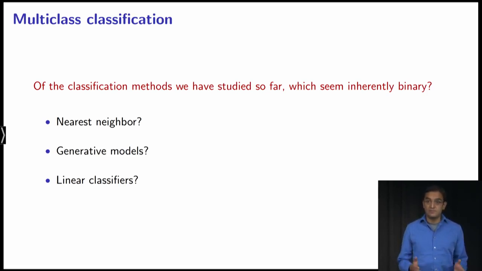You just fit a Gaussian or some other distribution to each individual class, and that's it. Nothing else needs to be done. Linear classifiers, on the other hand, seem a little bit tricky. After all, when you have a line, there are only two sides to it. So how can we possibly accommodate more classes?